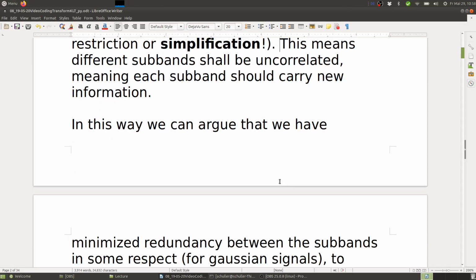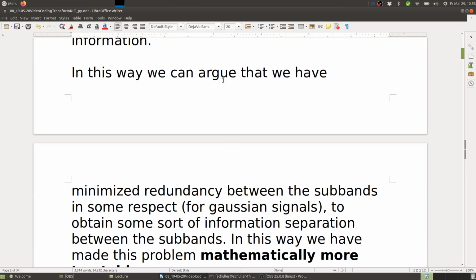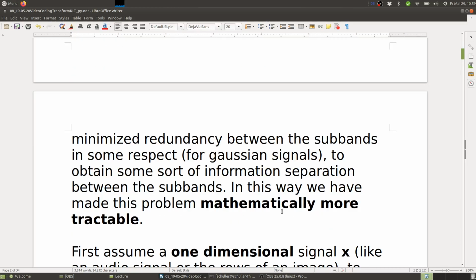Yeah. So in this way we can argue that we have minimized redundancy between the subbands in some respect, for Gaussian signals and for time lag 0, to obtain some sort of information separation between the subbands. In this way we have made this problem mathematically more tractable.